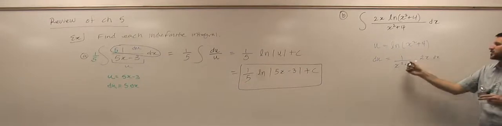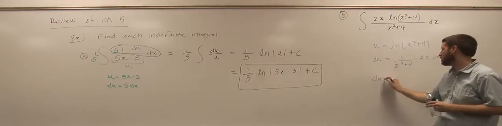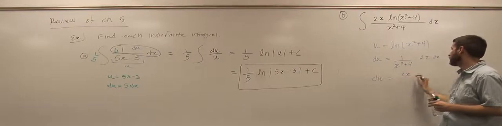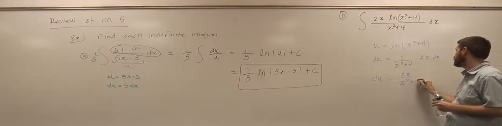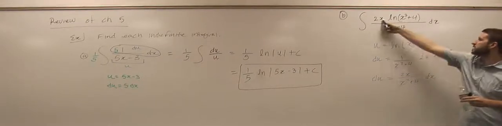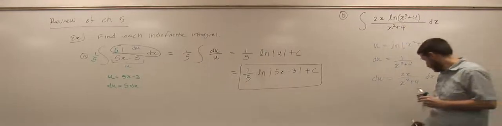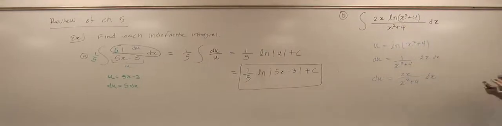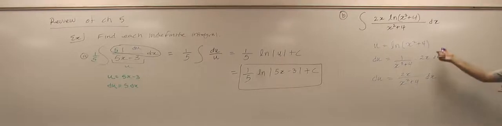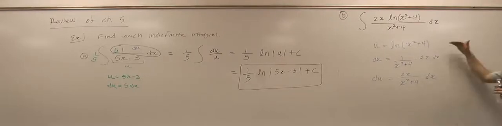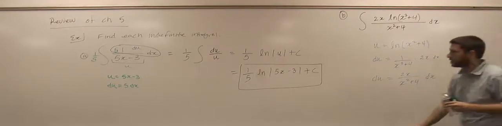So du is actually equal to just 2x over x squared plus 4 dx. And then this matches perfect. So the integral we got when we used the other u wasn't simple enough. We tried a different one. It works out very, very nicely.